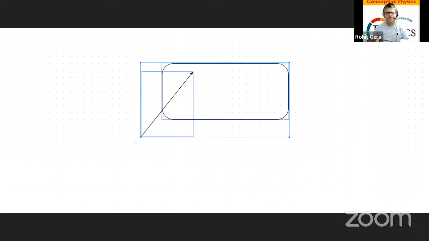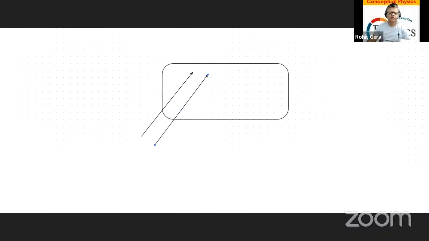This is a loop, rectangular loop, and the magnetic field lines are passing through it like this. Hopefully this is clear. दिख रहा है आपको ये figure.